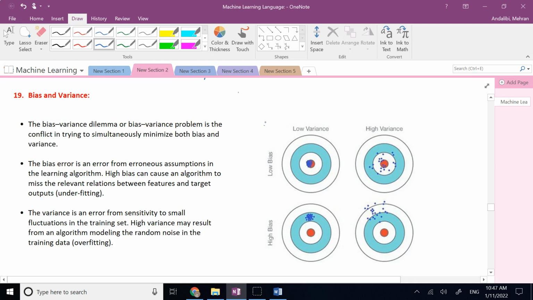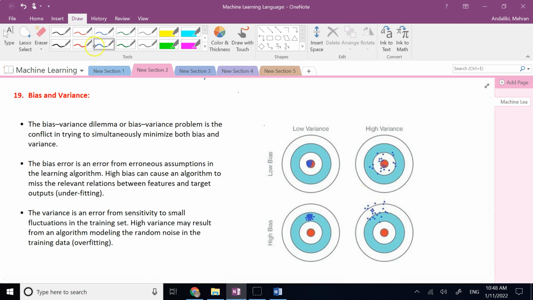The other two topics we talk about are bias and variance. So we know the bias and the variance are what? Bias is basically the difference between the average of your data and the desired average of the data.